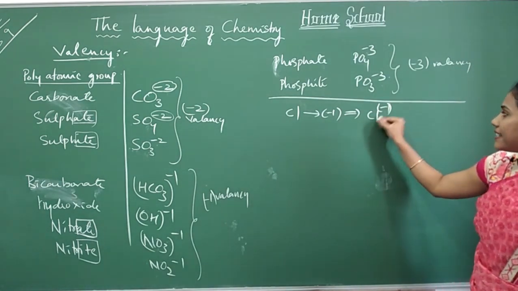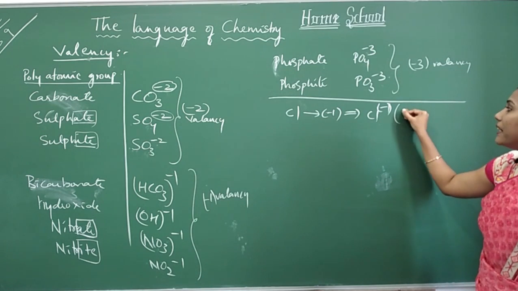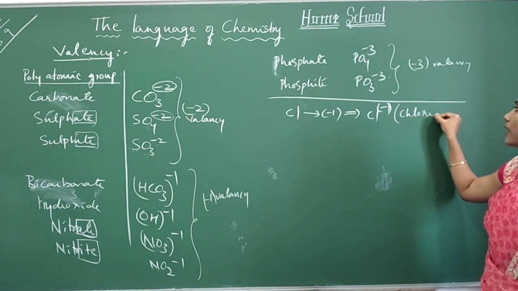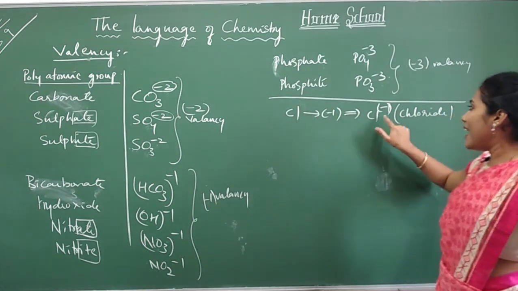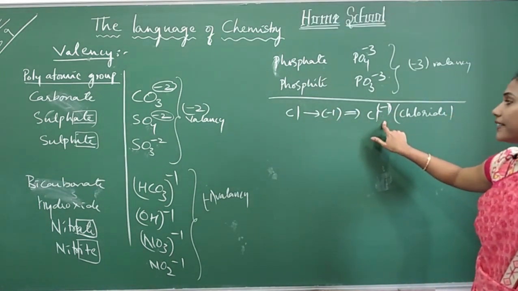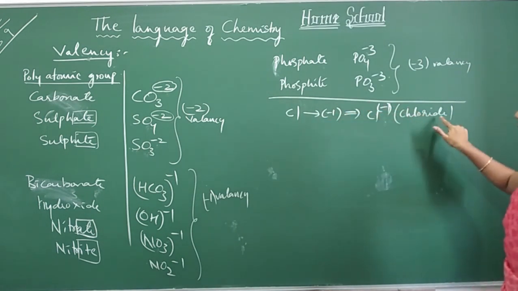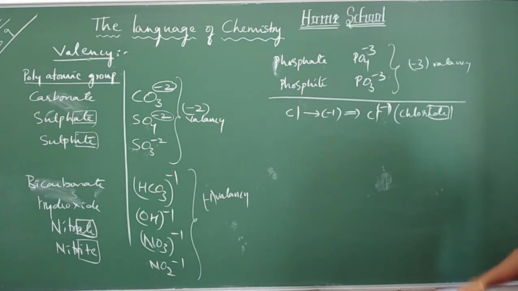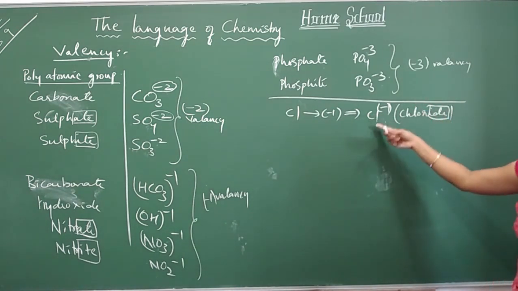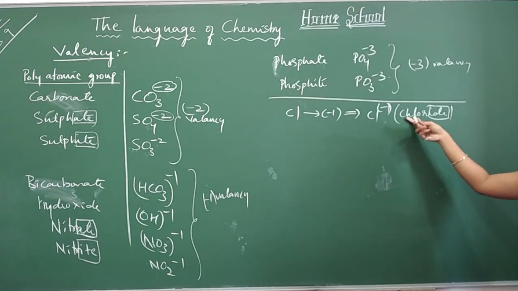This Cl minus 1 is called chloride. Remember, when an element has a negative valency, the element's name should end with IDE. You cannot call it chlorine radical. You have to call it chloride radical.